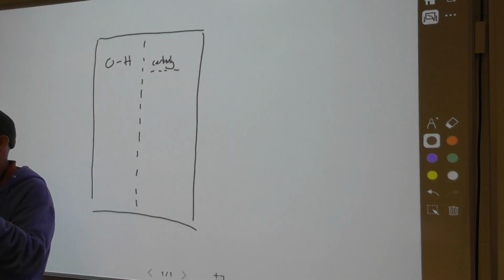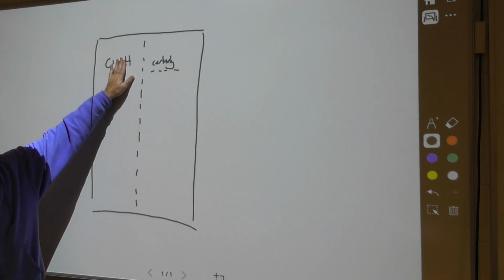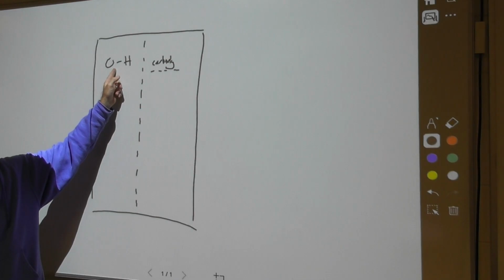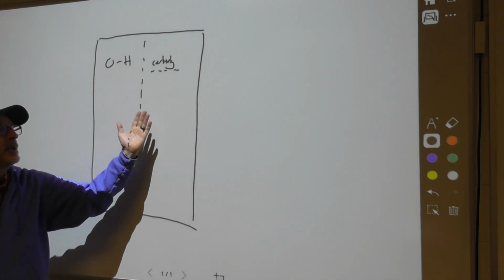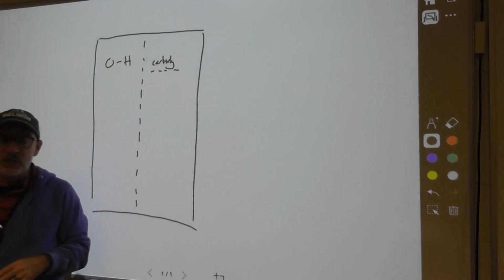So you can do the fold and check. You could fold this part over and look at the name and see if you can remember what the functional group looks like, or fold the name part over and look at the group and see if you can remember the name and the function.